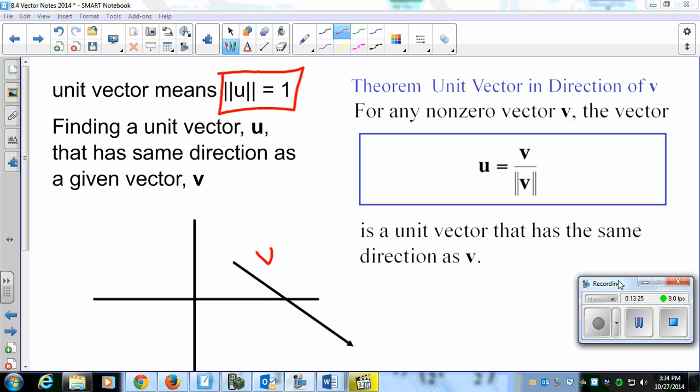Quite easily, if you just divide it by how long your original vector is, you will find your unit vector. So if this was our vector v, we're trying to find a single unit vector in the same direction that is exactly 1 unit long.